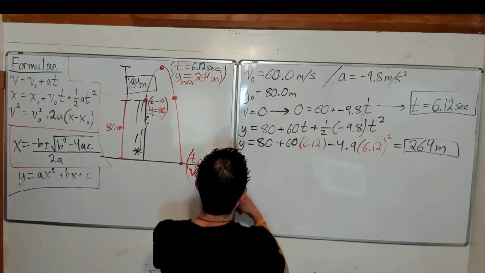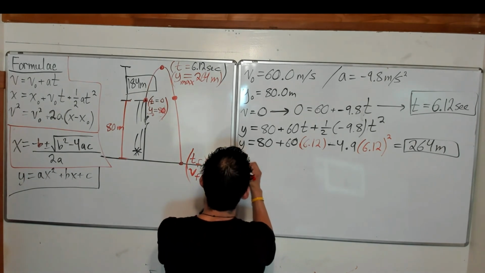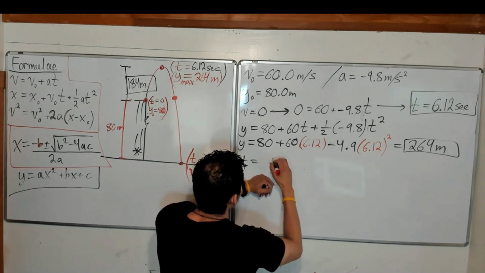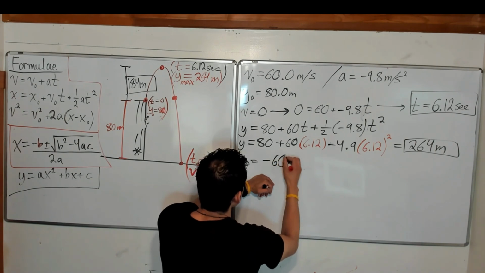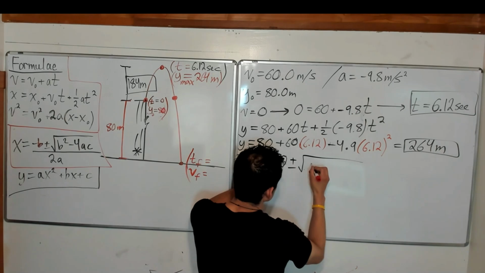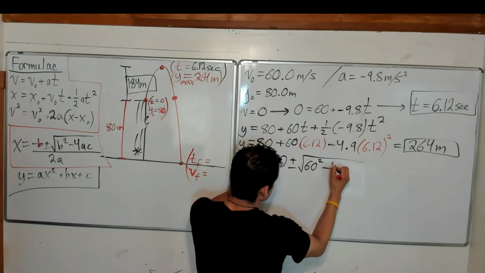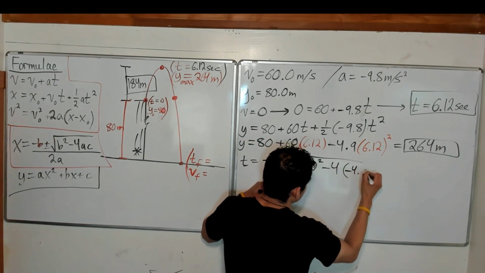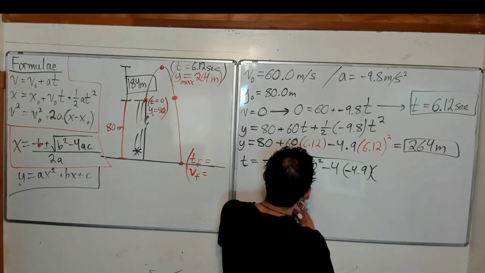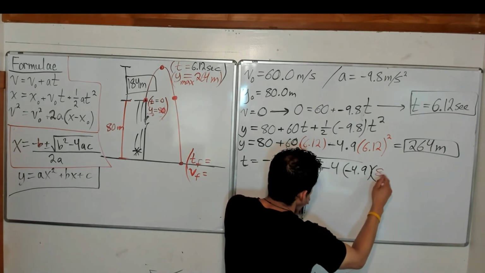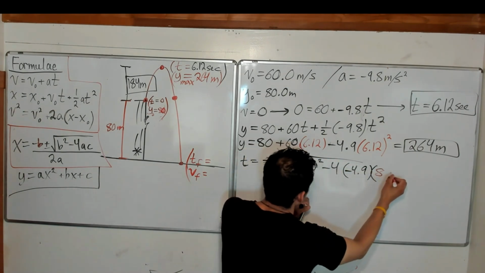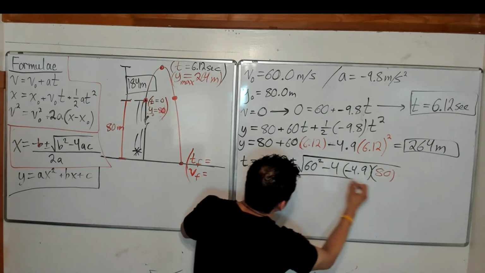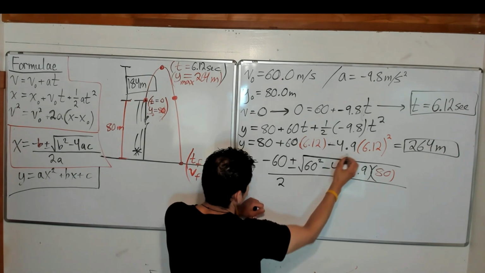So solving for t equals negative b, so negative 60, plus or minus the square root of b squared, so 60 squared, minus 4 times a, which is negative 4.9, times c. C is 80. I don't know why I switched to that there. All over 2a, so 2 times negative 4.9.